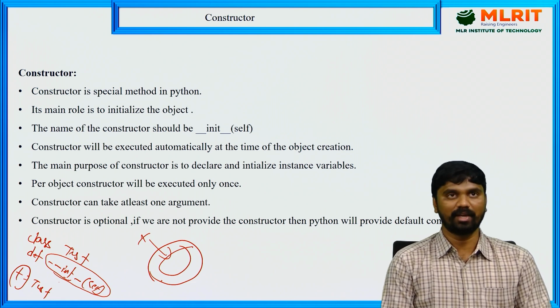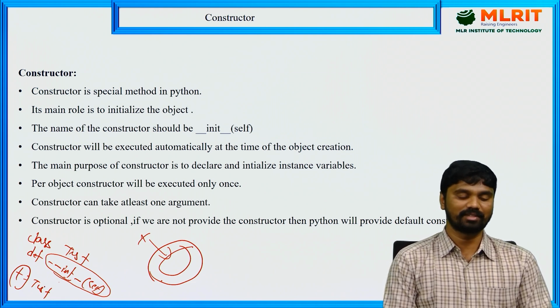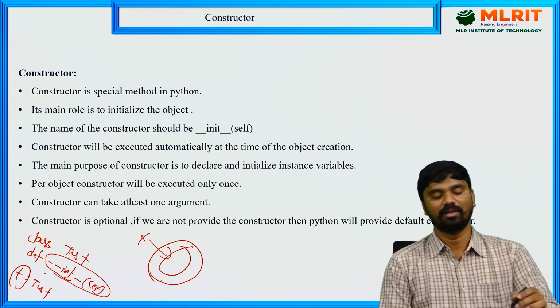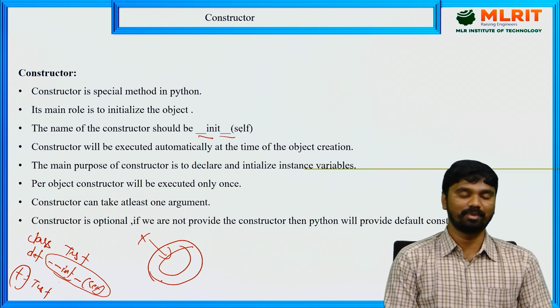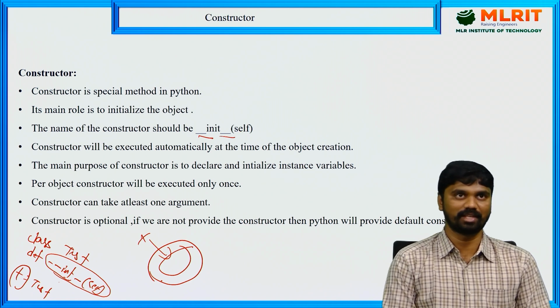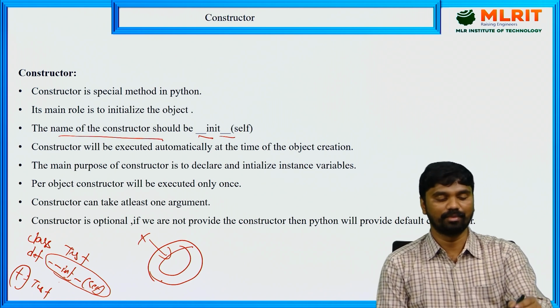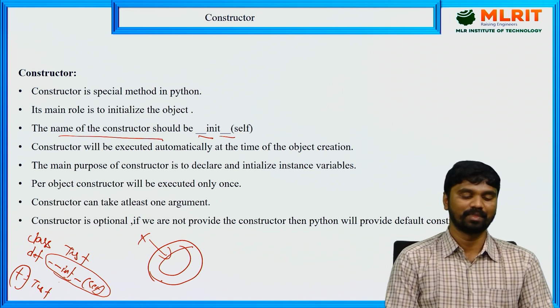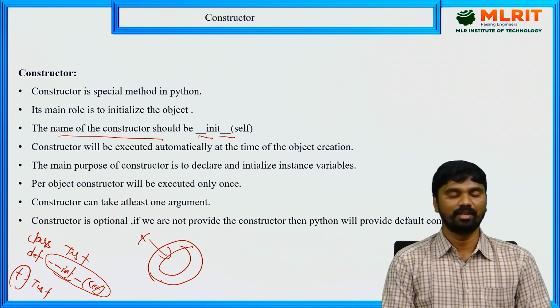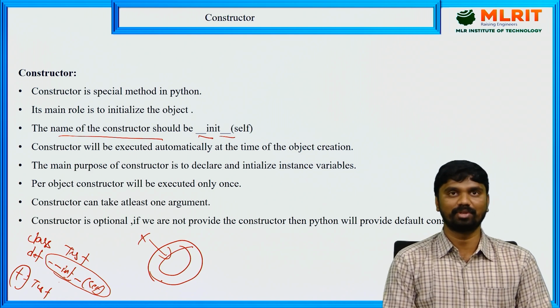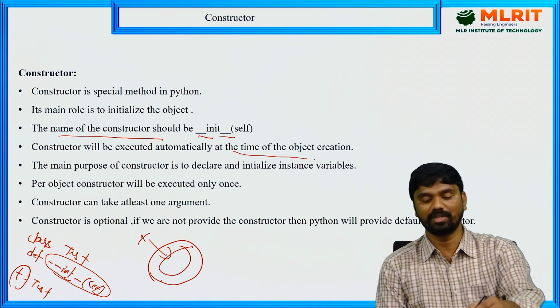Next, in Python, the name of the constructor must be double underscore init double underscore, and the first parameter will be self. This is the rule, that is compulsory. Next, when will this constructor be executed? The constructor will be executed at the time of object creation.